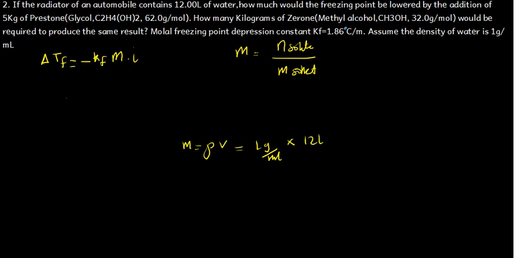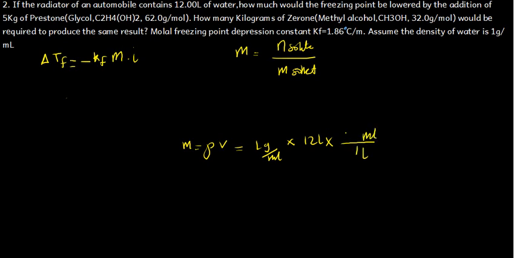To convert them to the same unit, I'm going to multiply. We have a liter on top, so for me to convert liters to milliliters, I'm going to take a liter down and a milliliter on top.